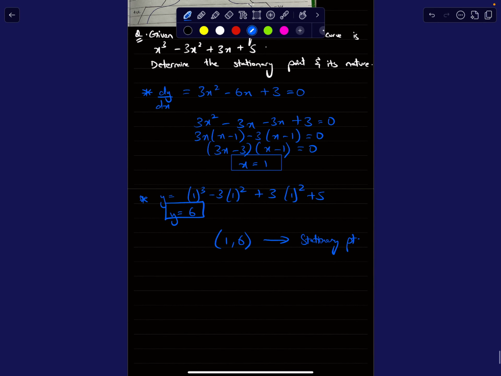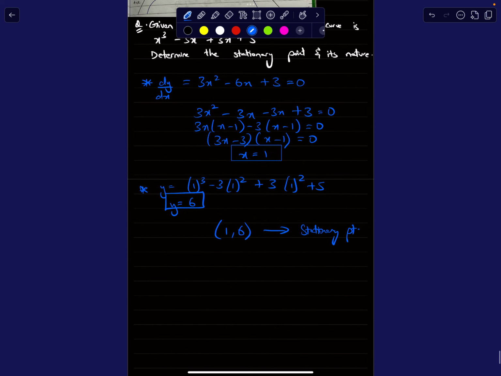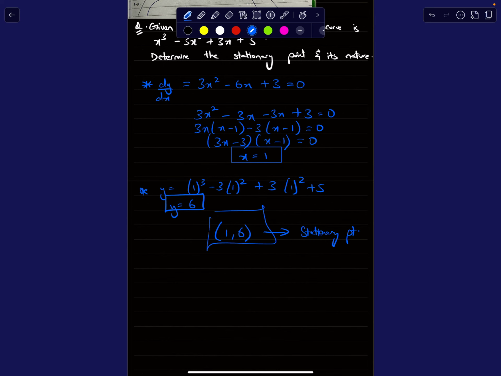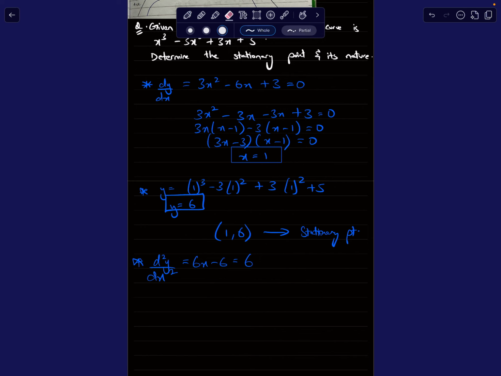So we found the x coordinate of the stationary point, and we found the stationary point. Now we need to find its nature. In order to determine the nature, we need to differentiate the differential again to find the sign of the double derivative. So we have 6x minus 6. Substitute the x coordinate, that is 1, and subtract 6.